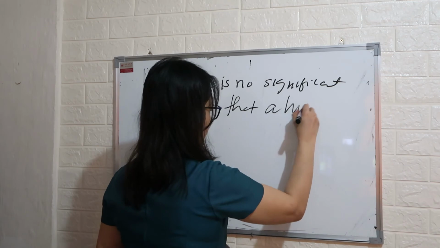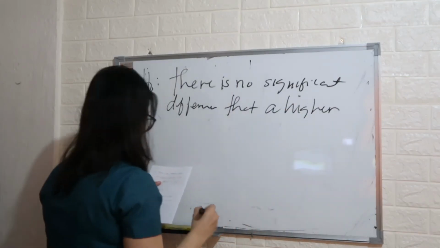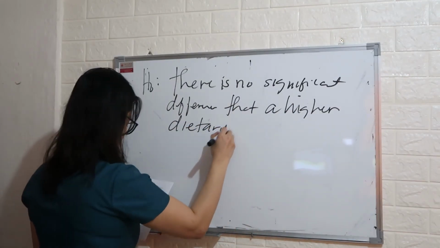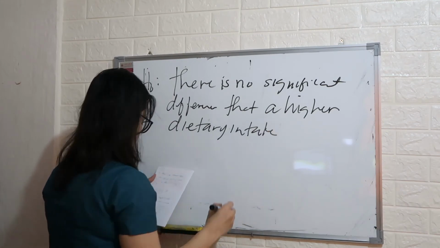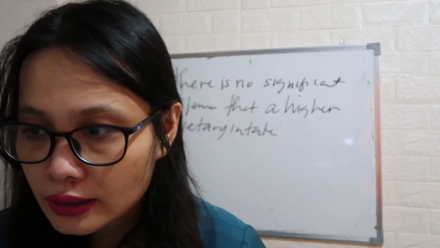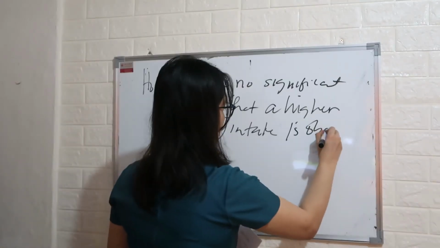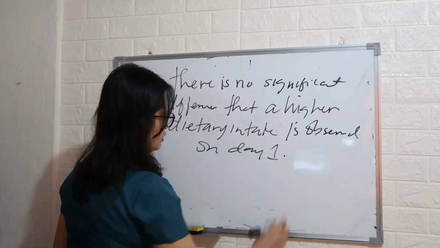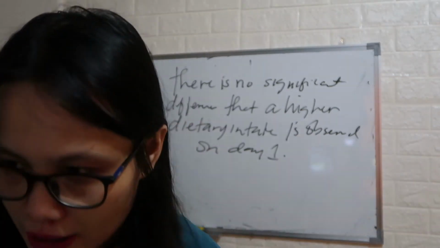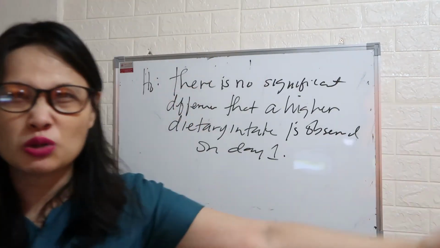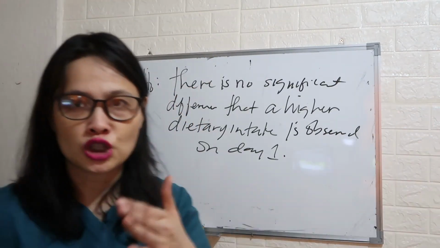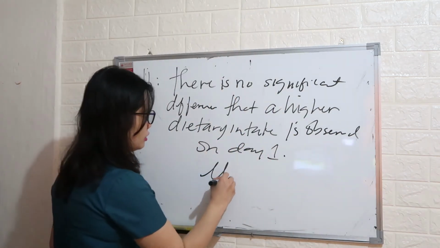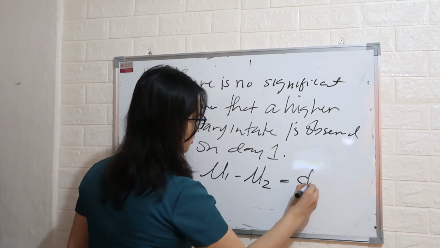A higher dietary intake is observed on day 1. So there's no significant difference in dietary intake observed on day 1. Meaning, an unchanged statement. So that would be mu1 minus mu2 is equal to d sub O.